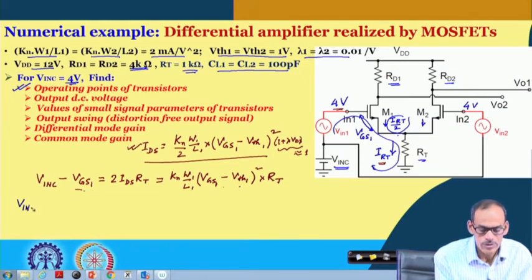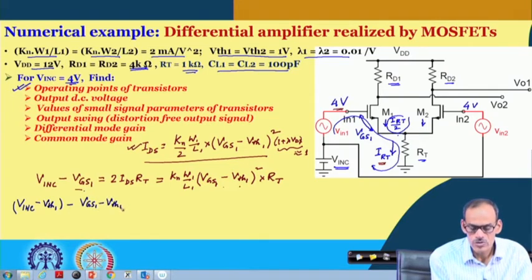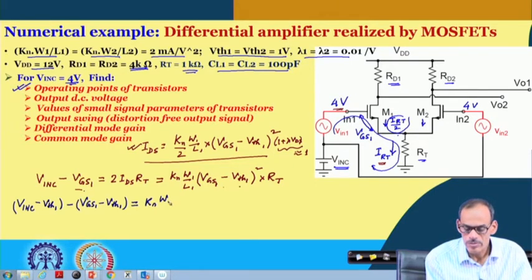We can take Vin C minus VTH 1 and then minus (VGS 1 minus VTH 1) equals Kn W by L into (VGS 1 minus VTH) square into RT.